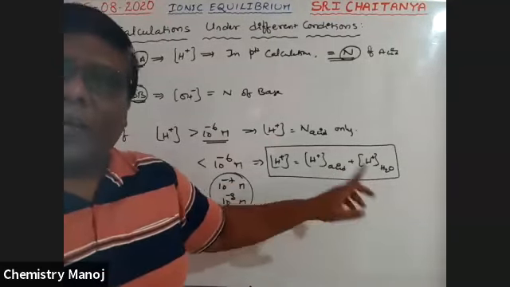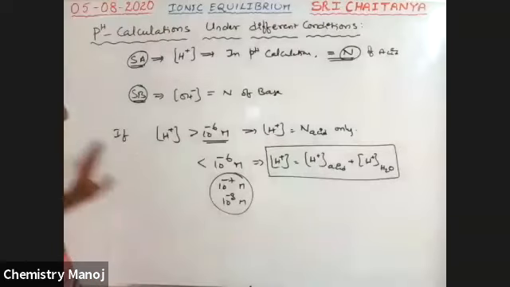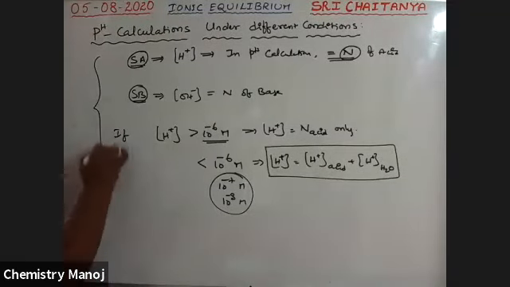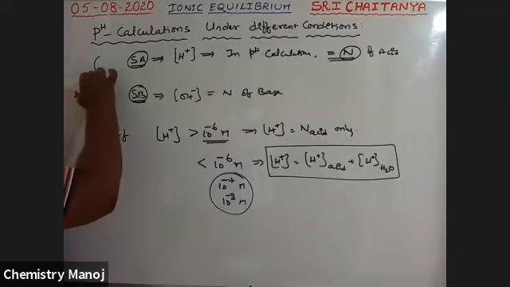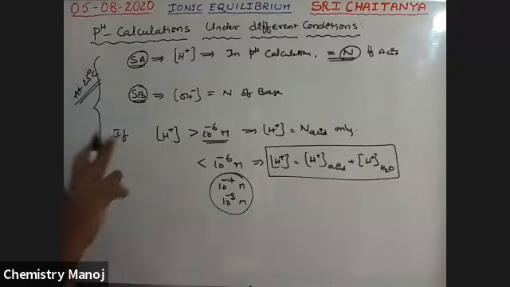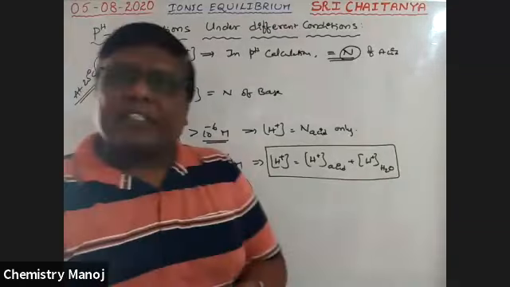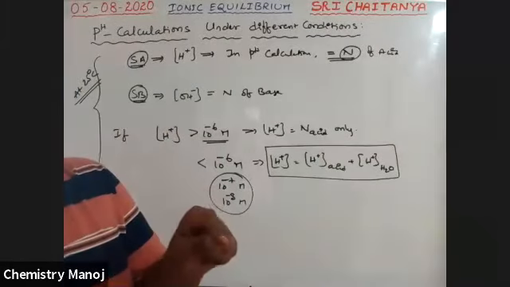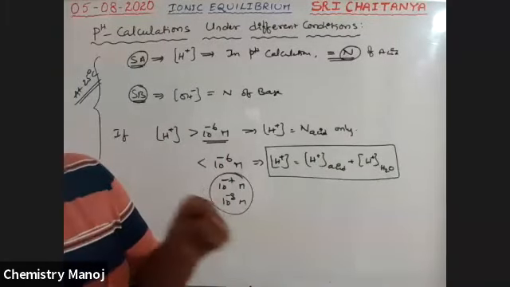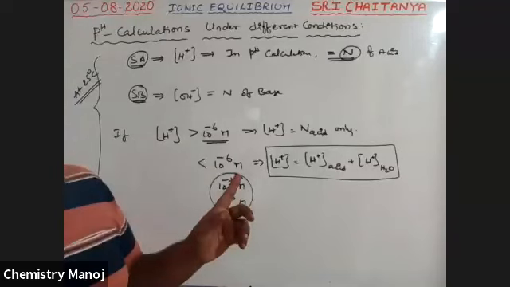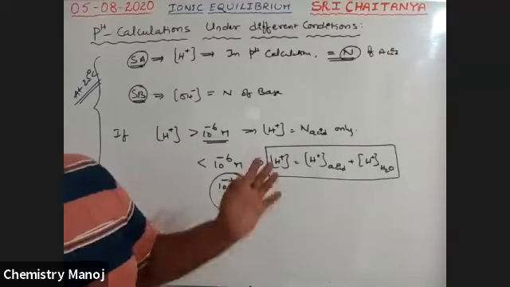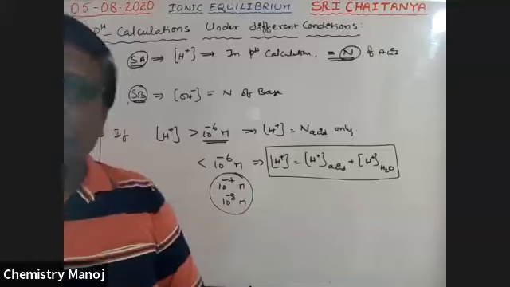At any temperature, boys, no doubt. Generally, all these calculations are at 25 degrees centigrade. If no temperature is given to you, you should use 25 degrees centigrade. If temperature is strictly mentioned, use those values.